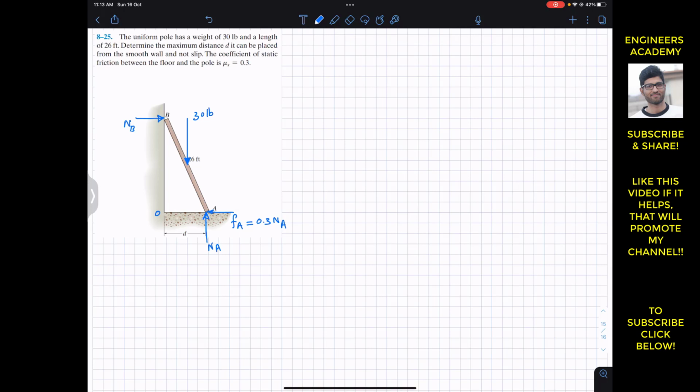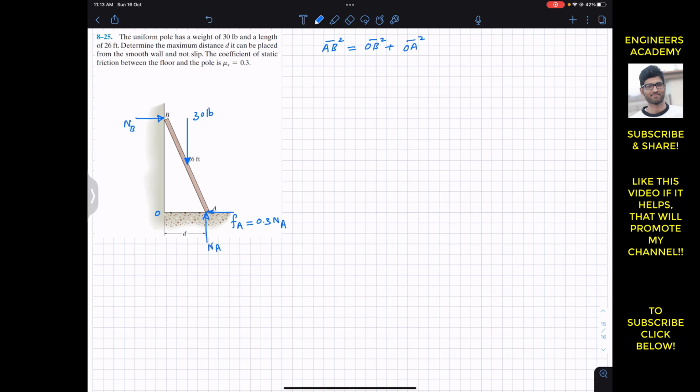So before going to consider the equilibrium condition, we have to find this OB length. So now we have this right angle triangle OAB. This length is not known, only the length of the pole is known, which is 26 feet. So by applying the Pythagoras theorem, we can say that length AB, which is the hypotenuse, the length of the pole, is equal to OB square plus OA square.